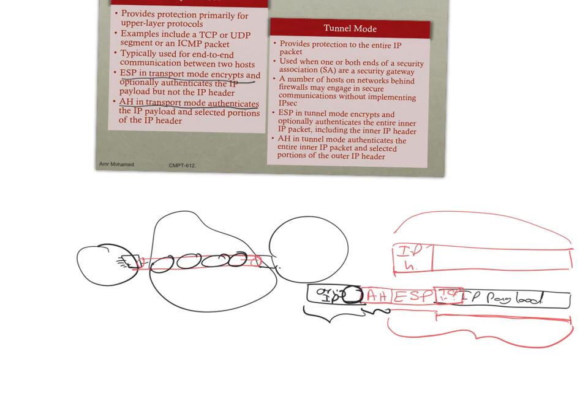So that also ensures the integrity of different parts of the IP header, but we don't encrypt it. We don't encrypt it. So the intermediate routers will be able to see the IP header and route based on the destination IP.